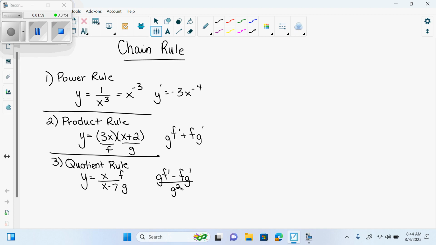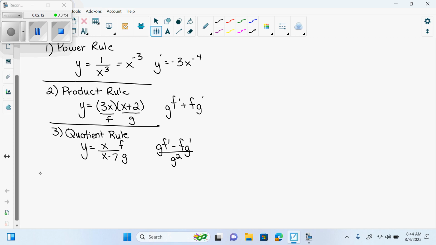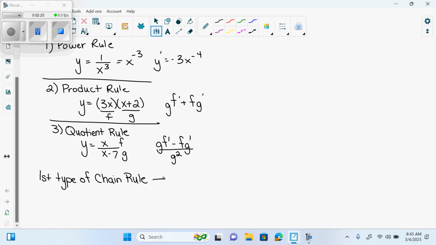What we have not learned is chain rule. So chain rule, you end up getting things that are chained together. Chained together meaning like bracketed beside each other. When something is bracketed beside each other, it's multiplied. Okay? So an example, the first type of chain rule is numerical base to variable exponent.